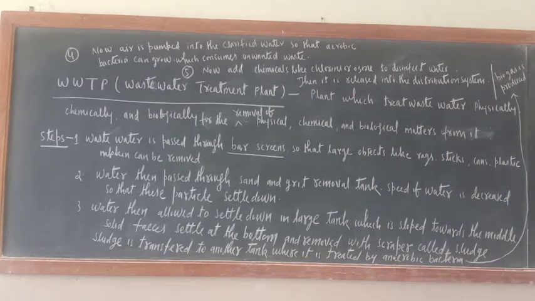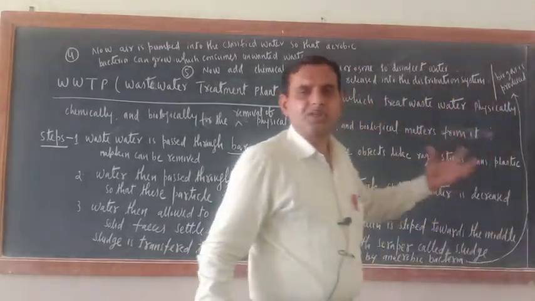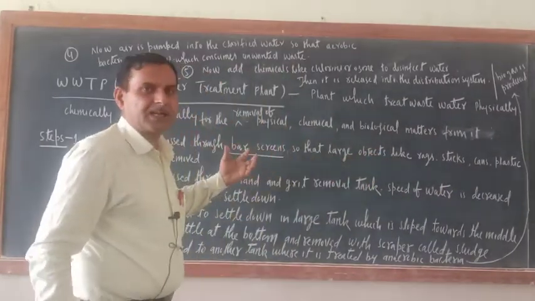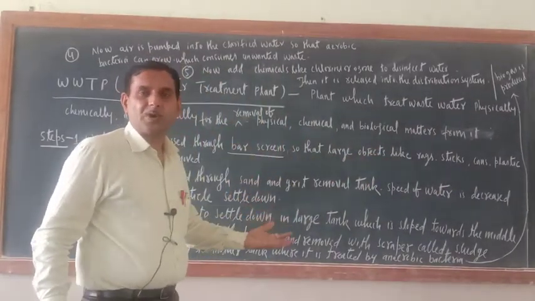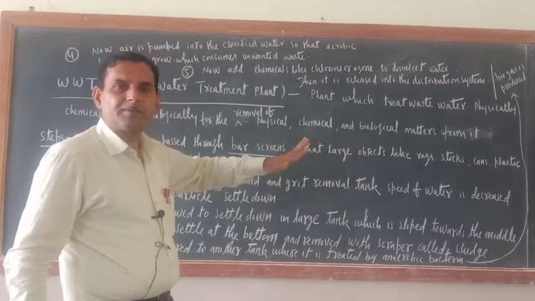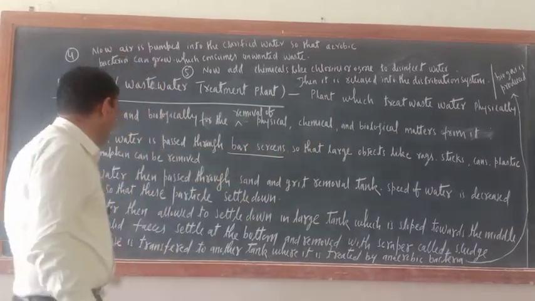When water passes through this tank, its speed must be decreased. Once its speed is decreased, these small particles will settle down, and the rest of the water will pass through.